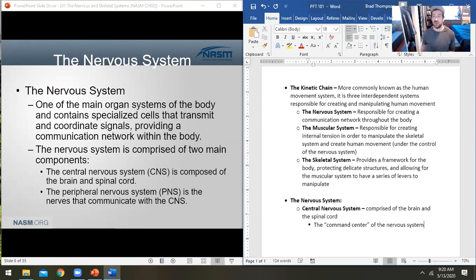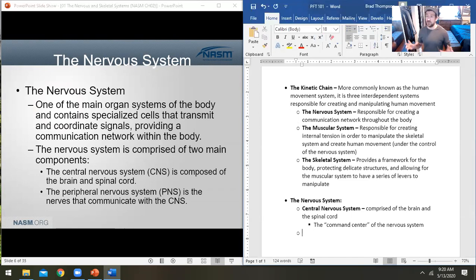So when you think of your brain and your spinal cord, that's your conscious thought, the things you have control over, right? This is the command center. This is where you are consciously making most of your decisions. However, there are some decisions that you don't get to make that are involuntary responses. And that needs to be carried out by the other half of our nervous system, which is going to be the peripheral nervous system.